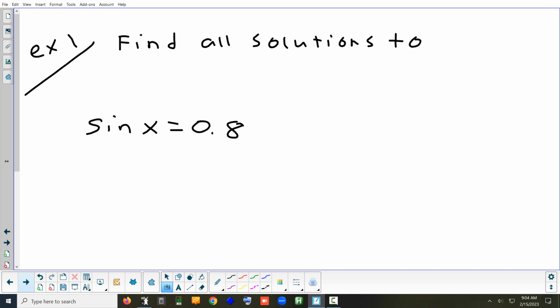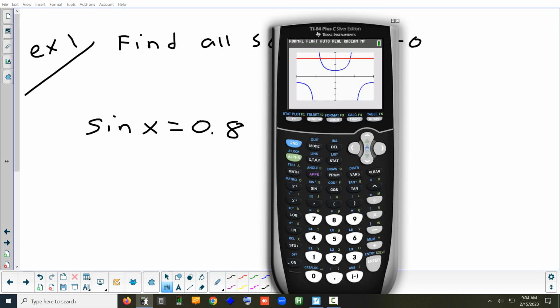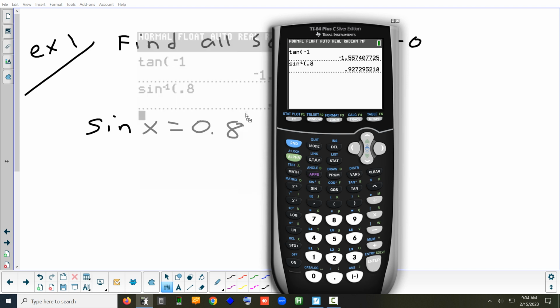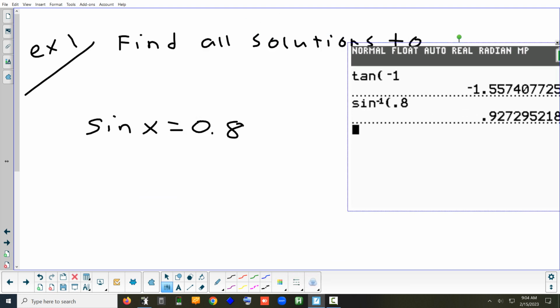You could take the inverse sine of each side, and that would cancel out the regular sine, and you'd have the answer. So if I was doing this problem algebraically, I would just do inverse sine of 0.8. Well, let's keep that number in mind, and let's graph it, and let's see if that's what we got, because graphing is what we're focusing on today.